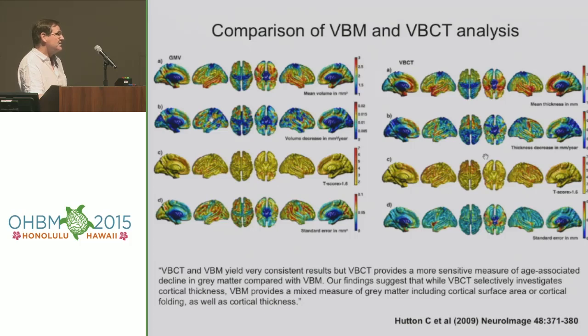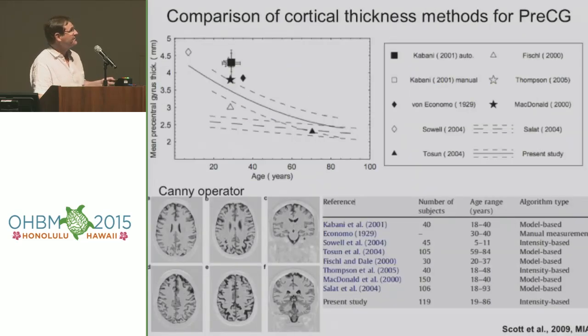The findings suggest that cortical thickness selectively investigates cortical thickness, whereas VBM provides a mixed measure of gray matter, including cortical surface area and cortical folding, as well as cortical thickness. So cortical thickness provides a more definable biological metric that can be quantified, rather than a lump parameter which combines multiple different biologically independent variables.